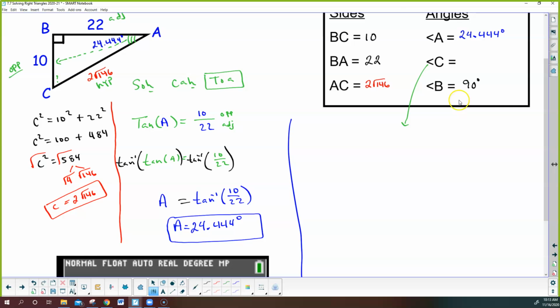You could add these 2 together and subtract from 180, and that would give you C. Or, since this is 90, I automatically know that angle A and angle C have to equal 90. So why not just take 90 minus angle A, and that will give me angle C. So if I do that, angle C is 65.556 degrees.